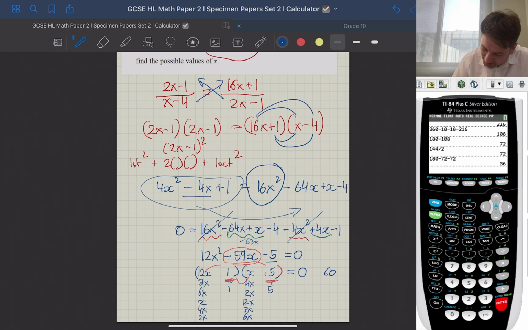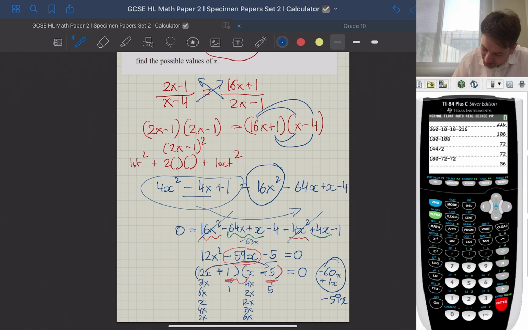And 1 times x gives me 1. And guess what? If this was a minus and this was a plus, I will get my minus 59x. So how do I get minus 60? This multiplication must give me minus 60. So I must have a minus 5 here. And I want a plus 1, so I'm going to put plus 1 here.